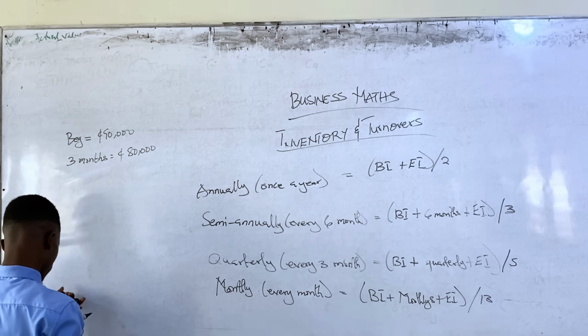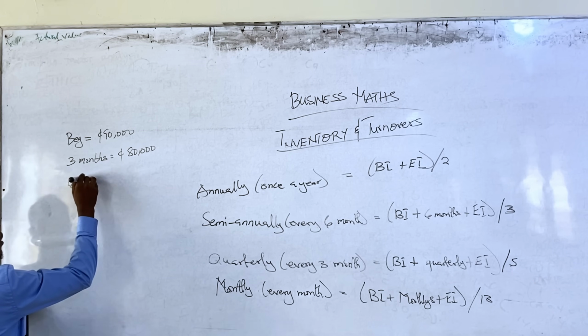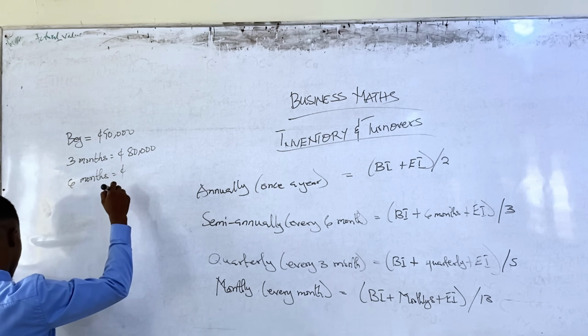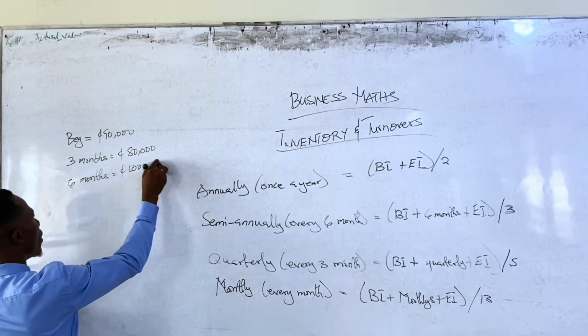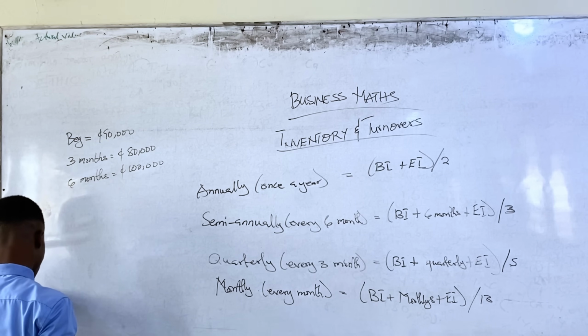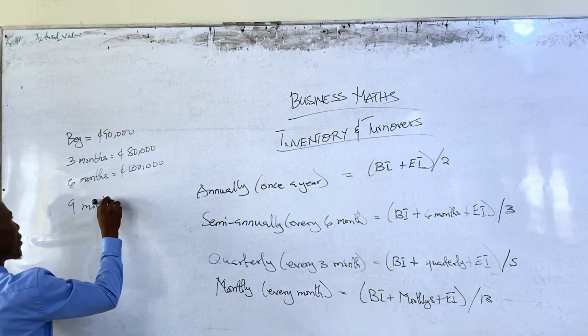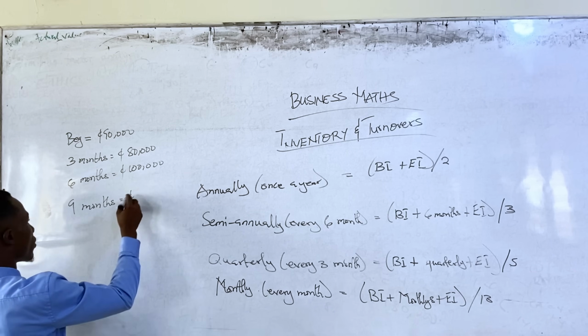Then end of month 6. So the next 3 months was giving us 100,000. And it says what? End of month 9. So the next 3 months will give us 70,000, right?